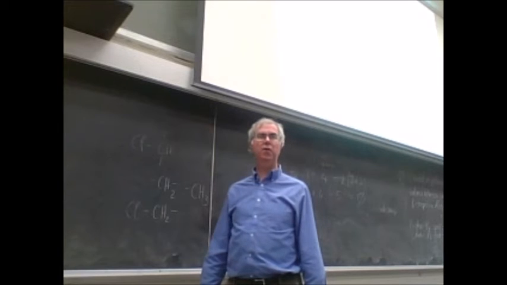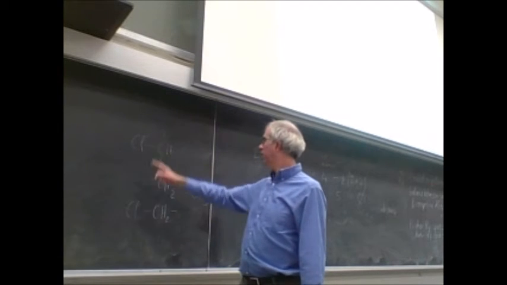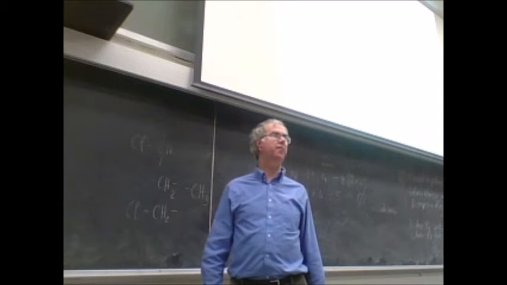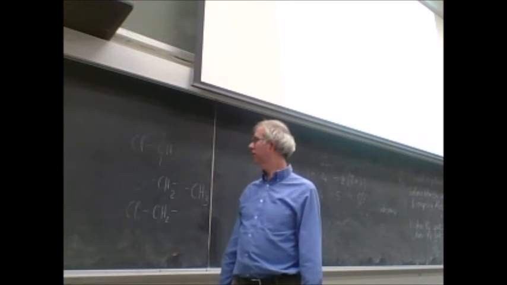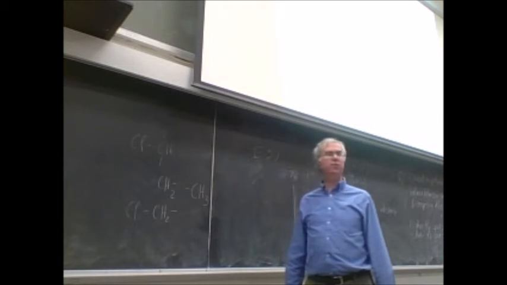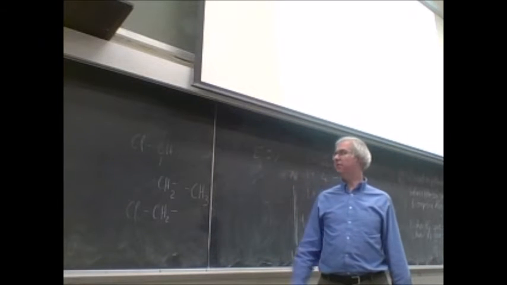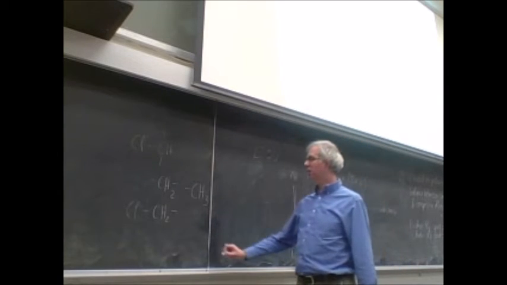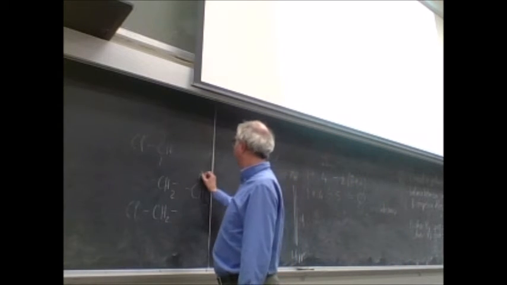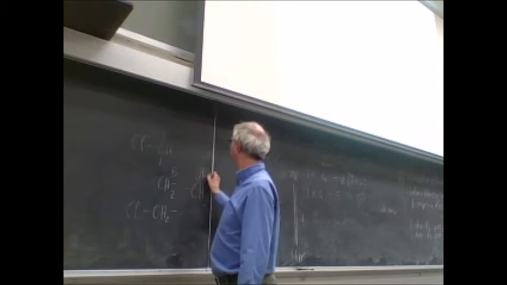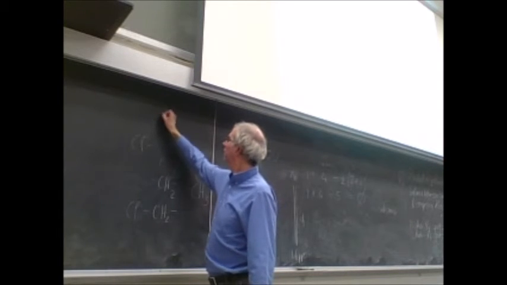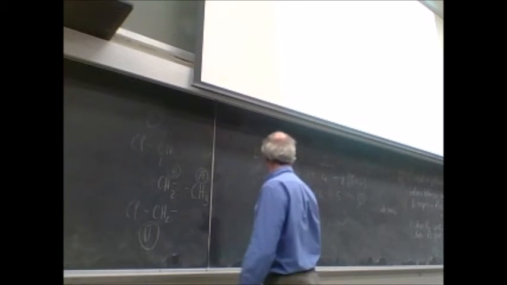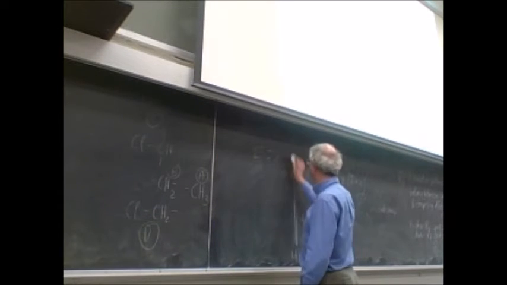So all we have to do now is we have a jigsaw puzzle that has 4 pieces to it. And I'm going to call those pieces A, B, C, and D. So I'm going to try writing those.